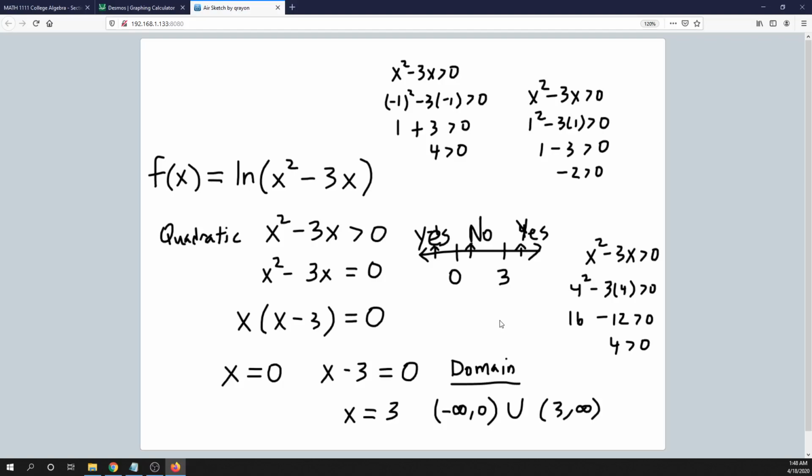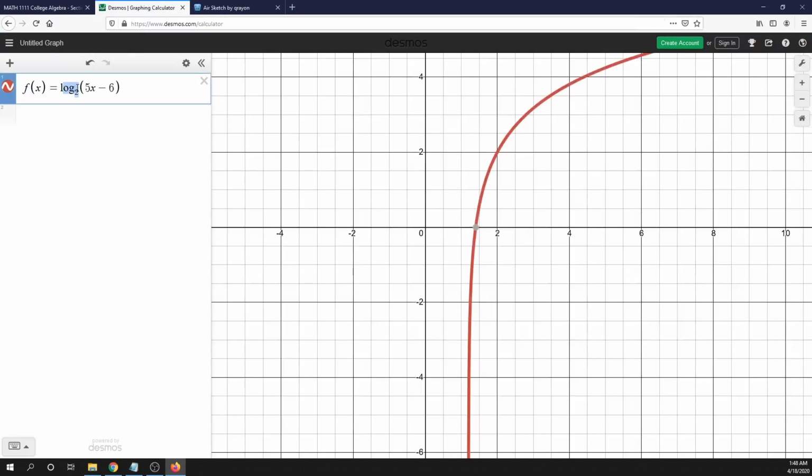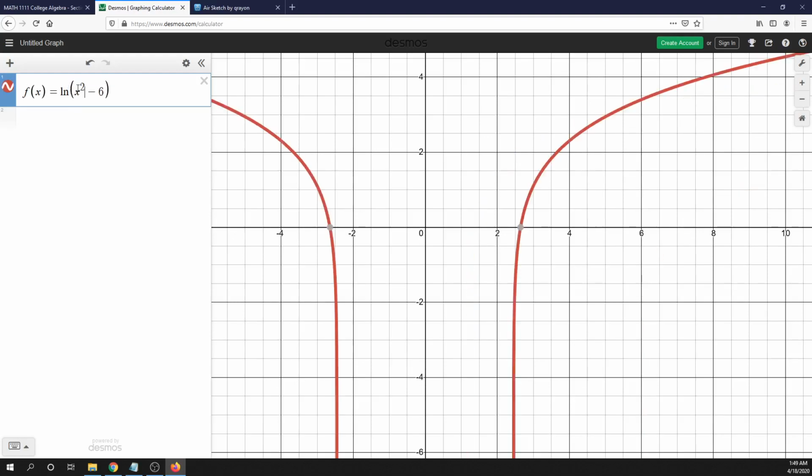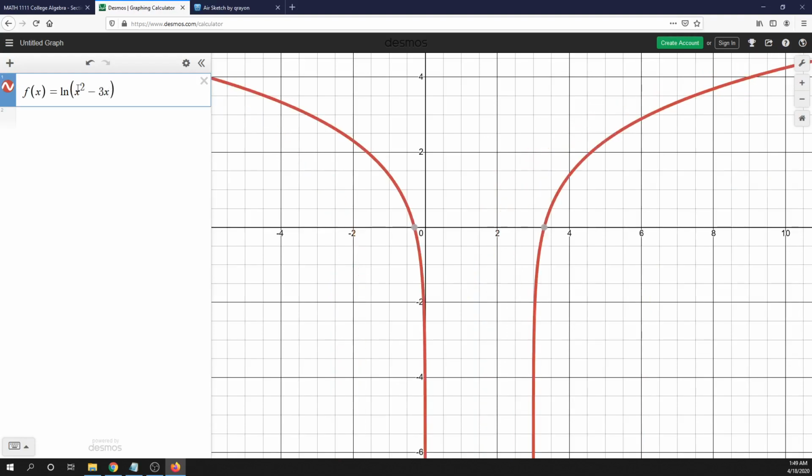All right. Okay. So let's take a look at the graph of this and just verify that on the graph. So it's ln of x squared minus 3x.